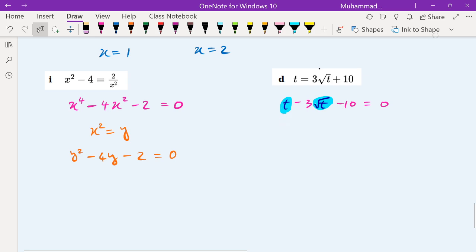So the substitution you need to do is root t taken as your y. When you square it, that gives you t equals y squared. There you go, so your equation turns into y squared minus 3y minus 10.